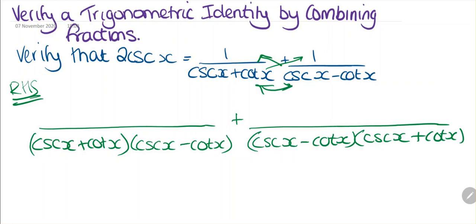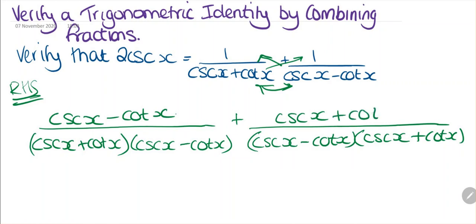So cosecant x minus cotangent times 1, so we'll just have cosecant x minus cotangent of x, and then we'll have cosecant x plus cotangent x times 1, so cosecant x plus cotangent of x.